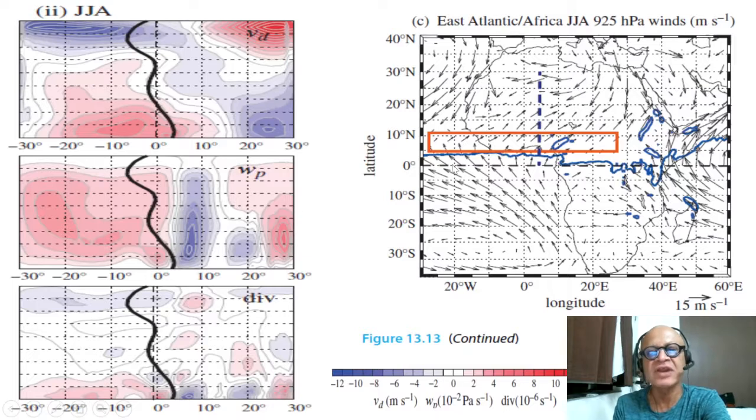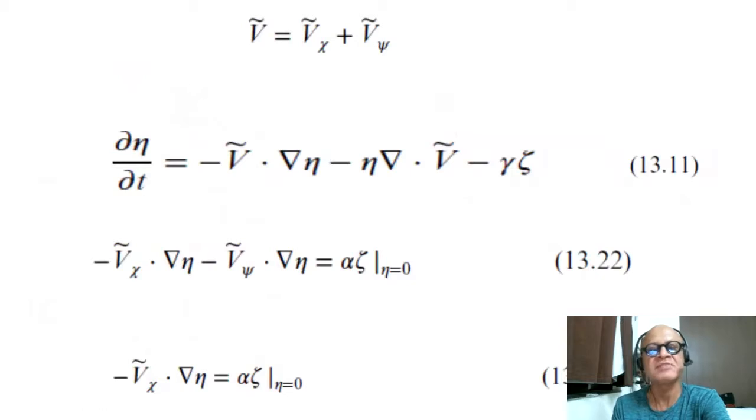So these are just the background we had already done in chapter 13 in terms of explaining the near equatorial precipitation distributions, where we had written the velocity in terms of the divergent and the rotational parts, and we had written the vorticity equation in terms of the advection, the stretching term, and the vorticity dissipation term.